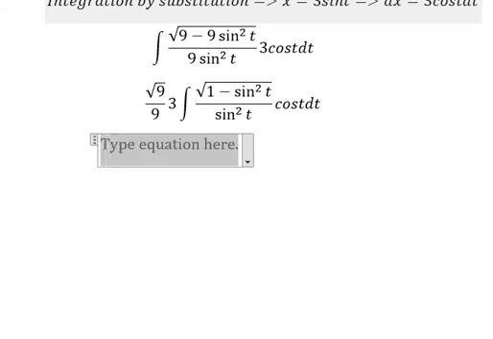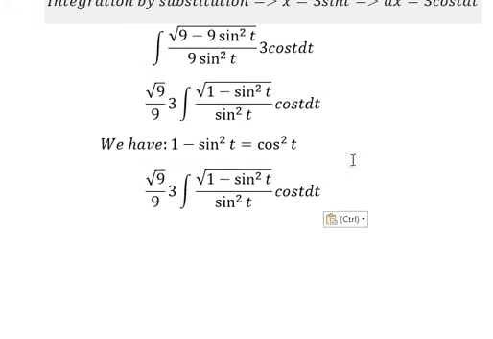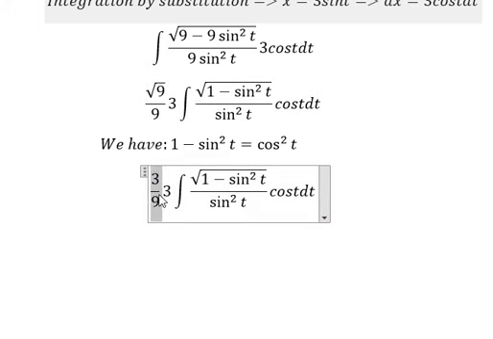We have 1 minus sine squared t equals cosine squared t, because if we put sine squared t on the left, we get sine squared t plus cosine squared t equals 1. The square root of 9 is 3, so everything is simplified.